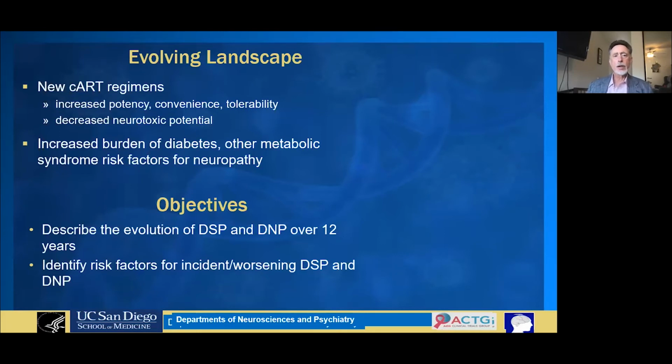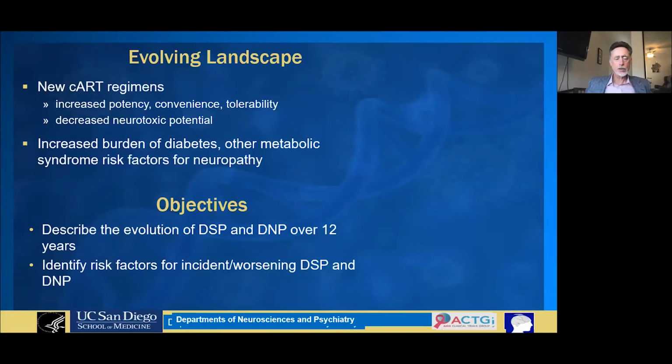The major evolutions in the treatment and disease landscape in HIV are the availability of these new antiretroviral regimens that are more potent, more convenient, more tolerable, and have markedly reduced neurotoxic potential.